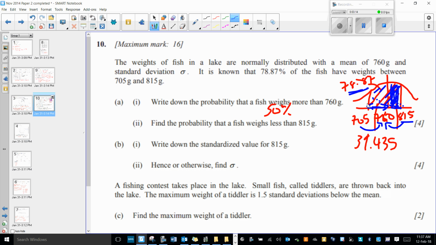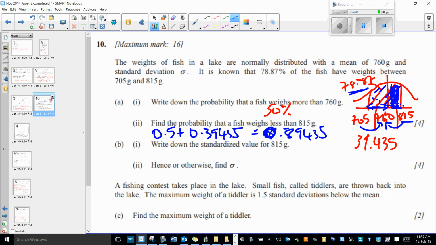So it's going to be 0.5 plus 0.39435, which is... Oh, that's not 0. 0.89435. You can leave it exact if you wish.